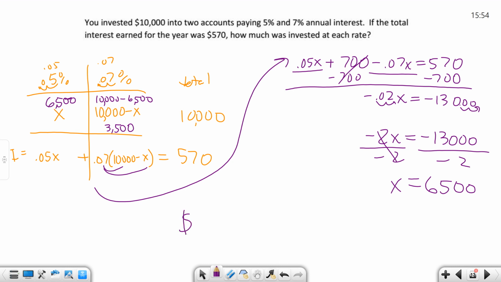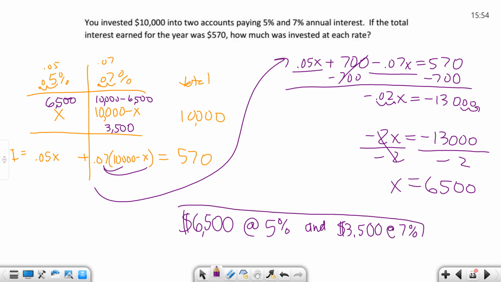So $6,500, hang on, let me fix that. That's pretty ugly. $6,500 at what? 5%. And what? $3,500 at what percent? 7%.